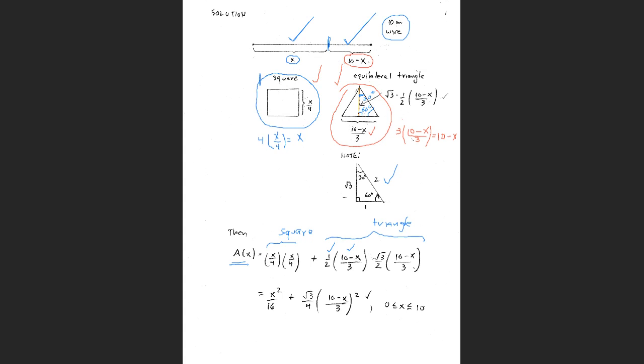But then the height of this, hold on. This height here, well, for the 30, 60, 90 triangle, I want to say this the right way.